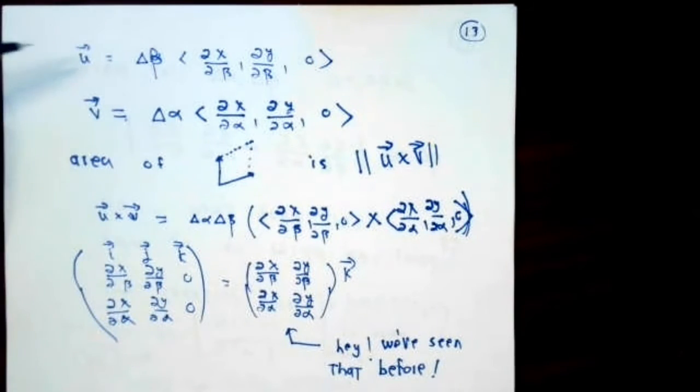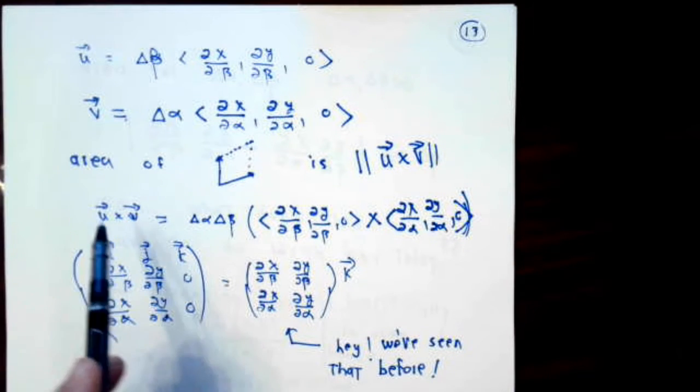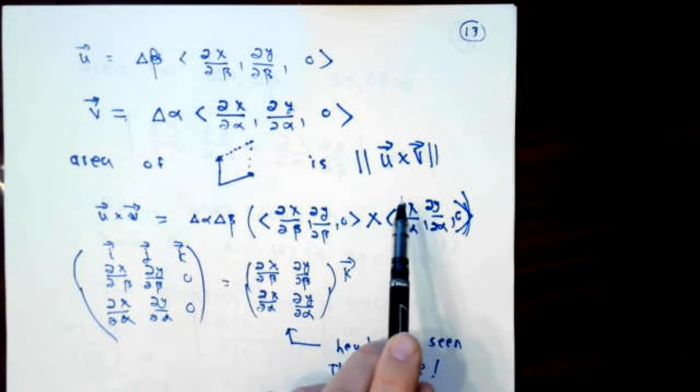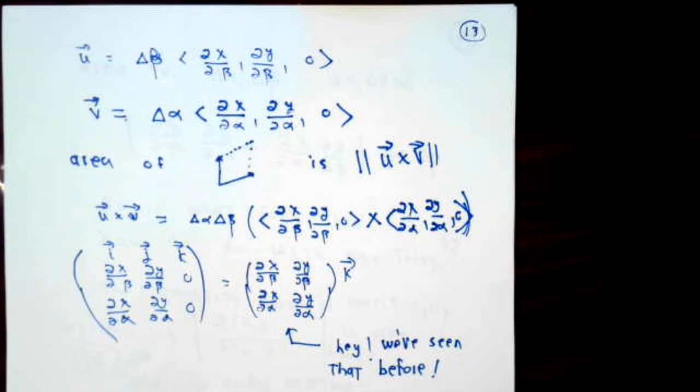So in three-dimensional Cartesian components, u is this, v is this. The area of the parallelogram is the magnitude of u cross v. So I need to do the usual thing here. For once, I remember to write my arrows over the basis vectors. This vector is in the xy plane.